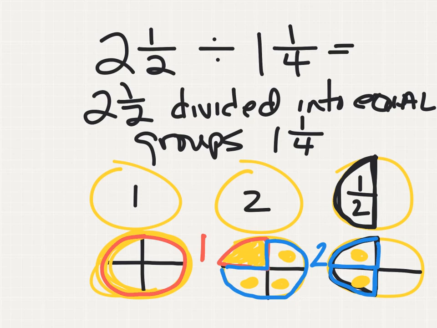I have 2 equally sized groups of 1 1/4 in 2.5. So that 2.5 divided by 1 1/4 is 2. There are 2 equally sized groups of 1 1/4 in 2.5.